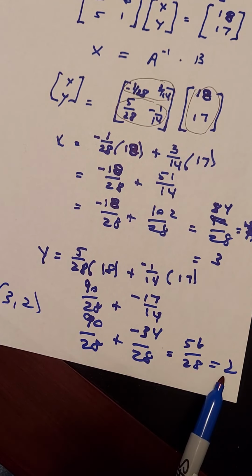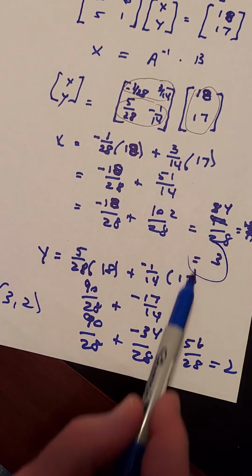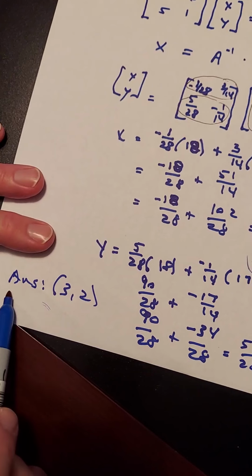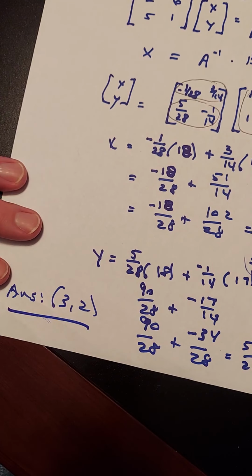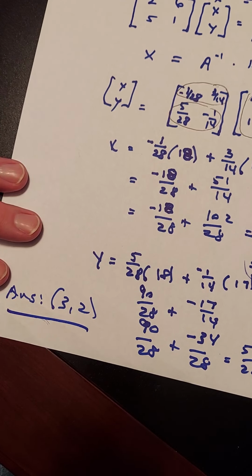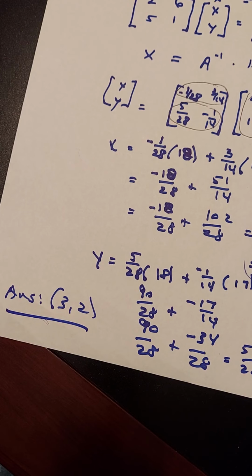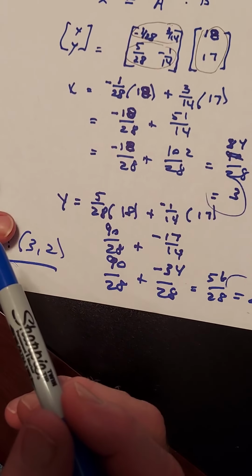When you simplify all that, that's 2. So you had x, you have y, and there's your answer, 3, 2. Okay, so the hard part is actually finding the inverse, and then you simply multiply, and you come up with the answer. And that's all there is to this section.